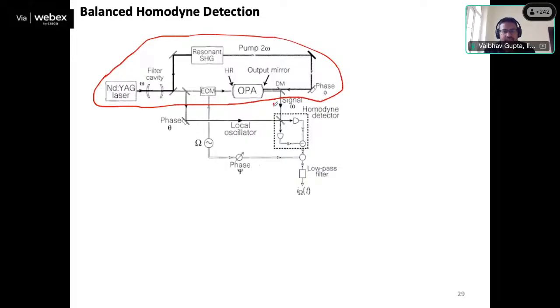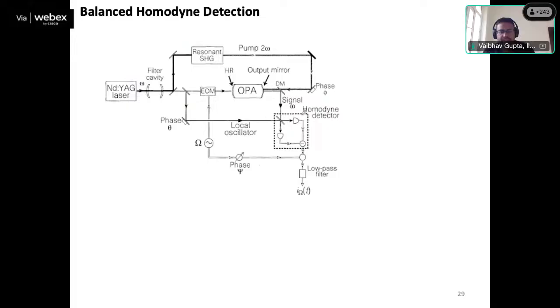Then this squeezed light comes here, and this is called the signal, right? This signal goes to this beam splitter. Then we have something called the local oscillator, and this local oscillator is also going and hitting this beam splitter. And then we have two detectors, one here, one here. Whatever comes out of these two detectors, we will subtract them, and then we will apply some low pass filter.